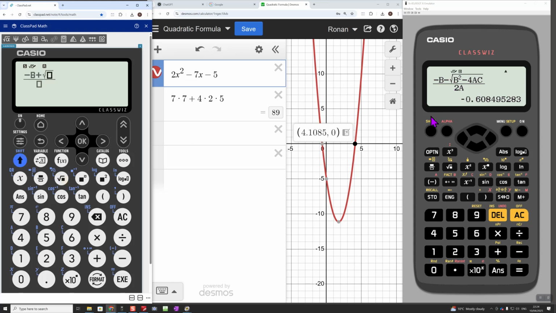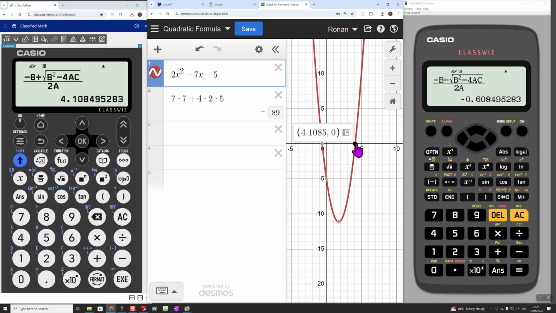I need to use the shift instead of the alpha, and the letters are more spread out, but they're here. b squared... Okay, we expect to see the same answer as before, and we can do shift equals to look at its decimal version. Oh, hold on. That's not what I want, or is it? It is what I want, 4.108, yeah, that's fine. So I'll leave it at that.